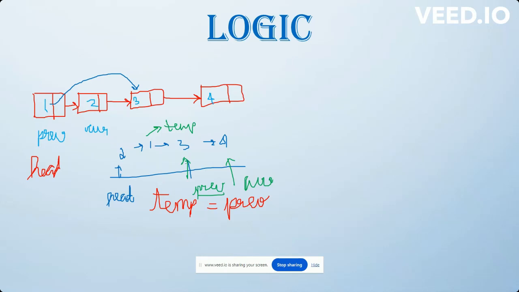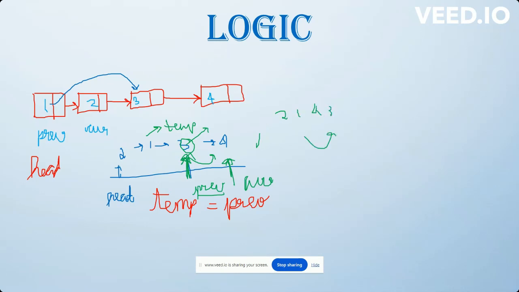So previous is equal to temp dot next. Current is equal to previous dot next. Assign temp is equal to previous. In this way, we assign these. Now again by solving, we can swap into 2, 1, 4, 3.